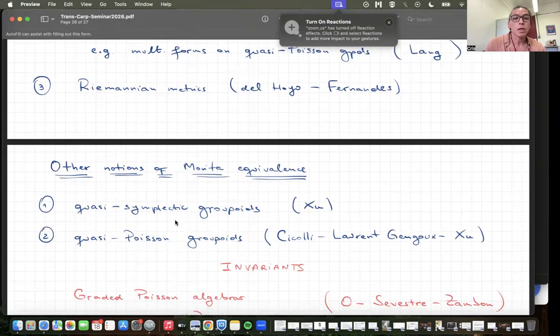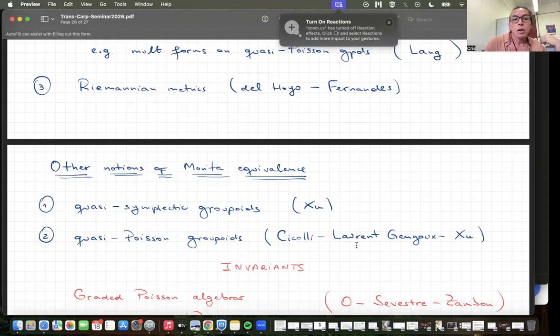For instance, you can speak about Morita equivalence of quasi-symplectic groupoids, a notion introduced by Ping Xu almost 20 years ago. You can speak about Morita equivalence of quasi-Poisson groupoids, which appeared in a paper by Ping Xu and collaborators.